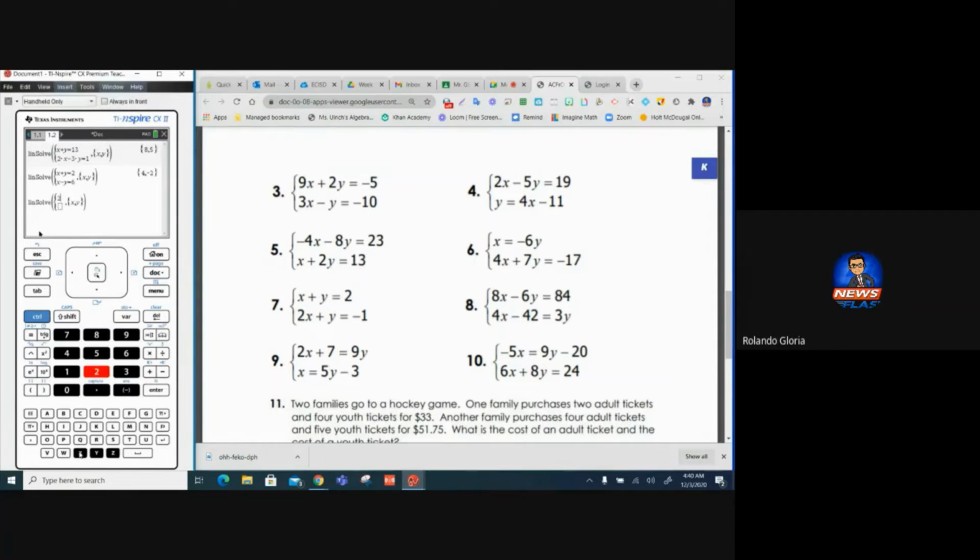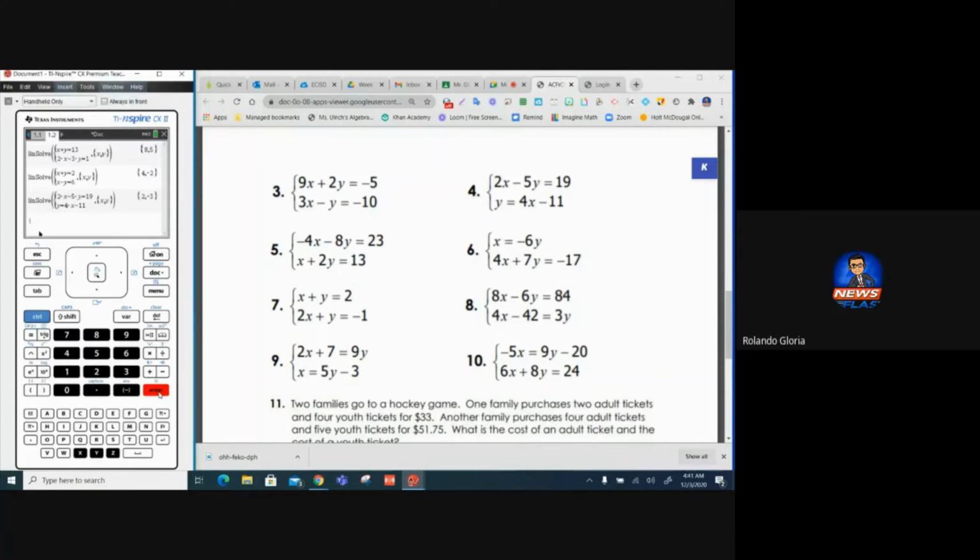So 2x minus 5y equals 19. And the other one is y equals 4x minus 11. Then hit enter, and that gives us 2, negative 3. So the solution of the system is 2, negative 3.